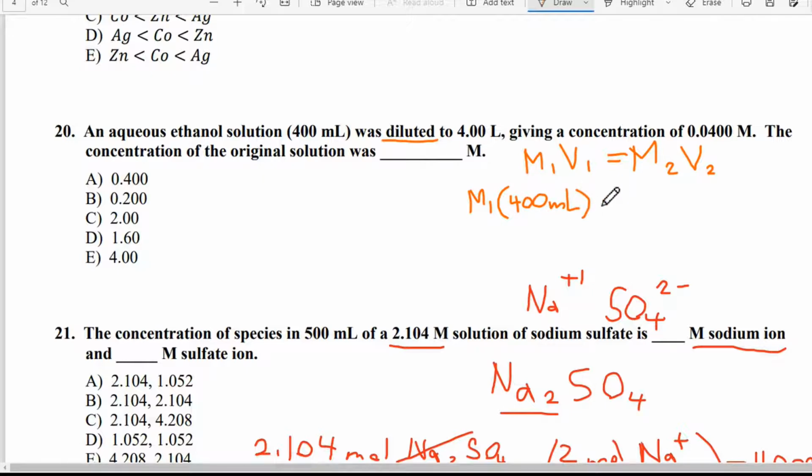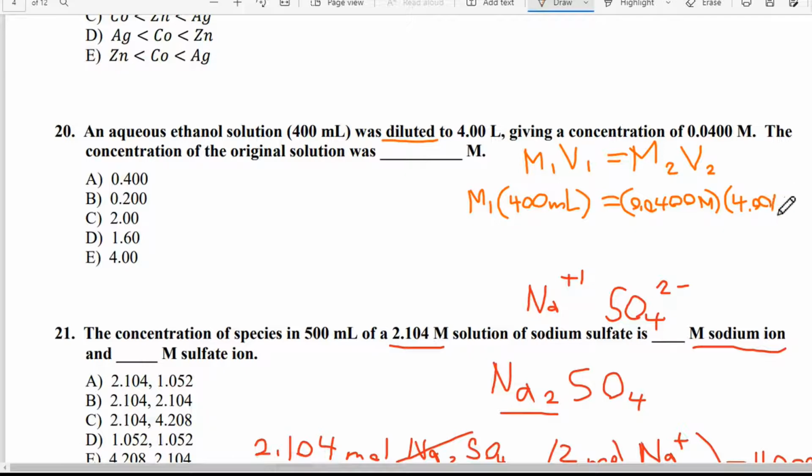What was the final molarity? Do we have to convert that to liters? Yes, you do. I wasn't going to mention it until after we finished putting our numbers down, but yes. What's the final molarity? 0.0400. Uh-huh. And the final volume? Now, does it matter which one we convert, the 4 liters or the 400 milliliters?